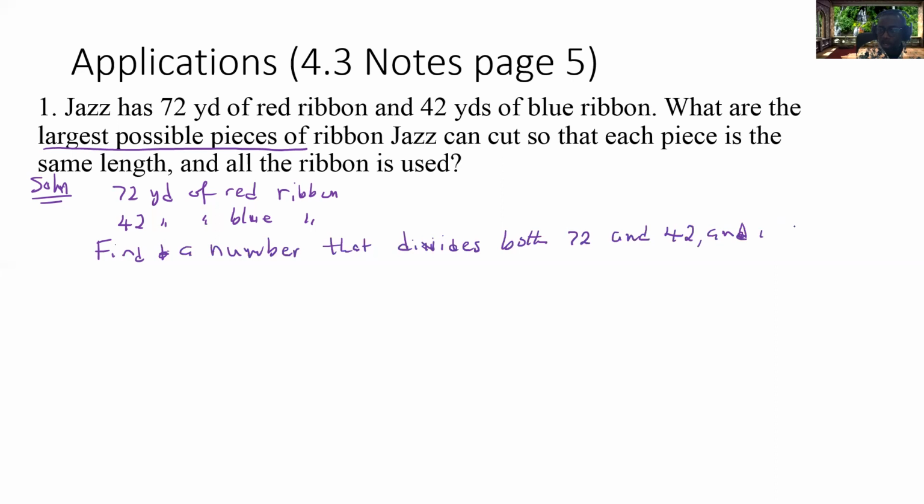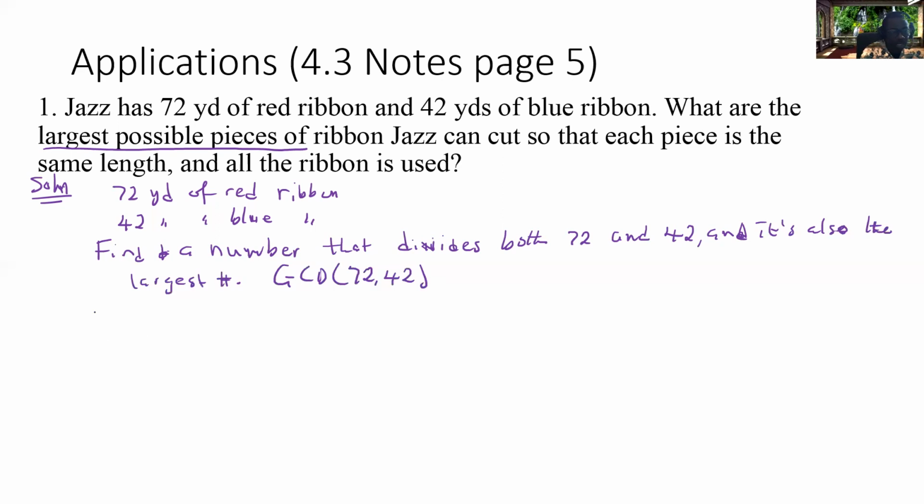It is also the largest number possible. So what does it tell us? That tells us that we want the greatest common divisor of the numbers 72 and 42.